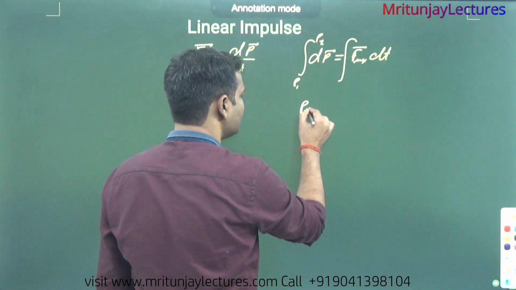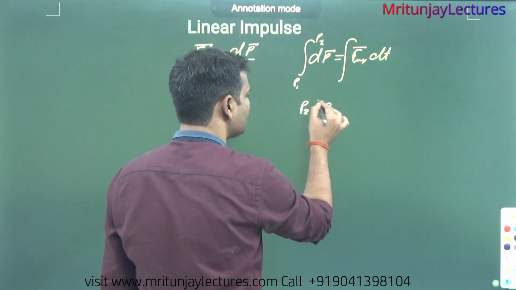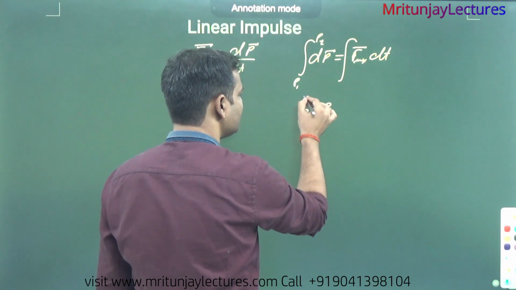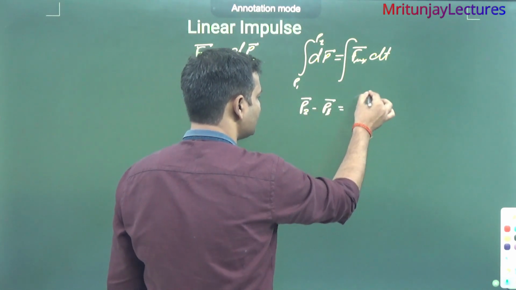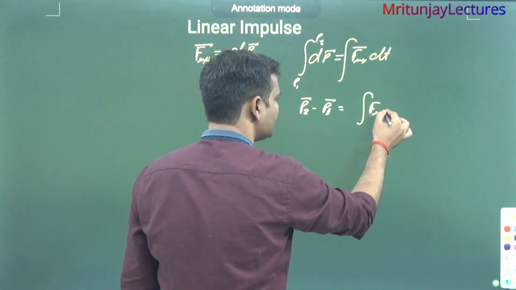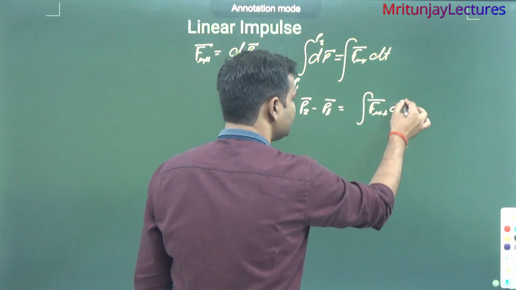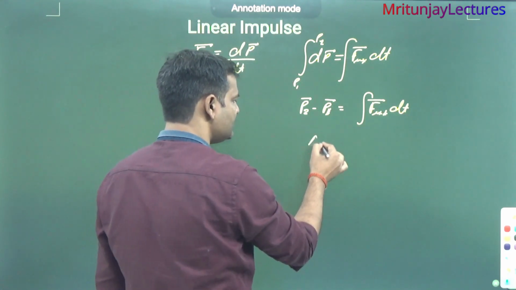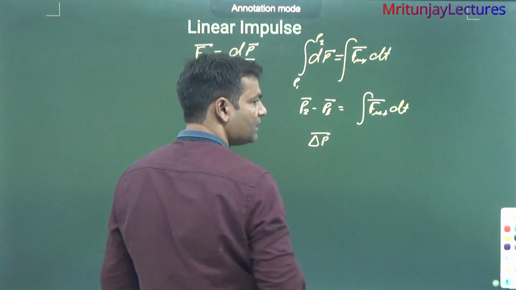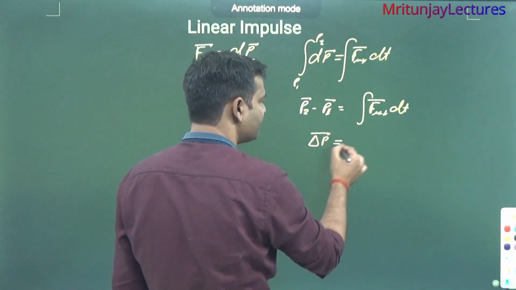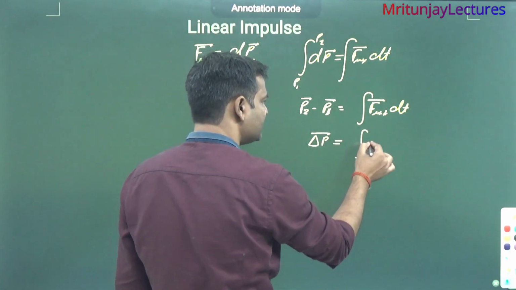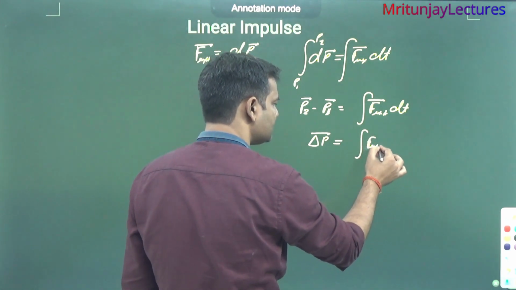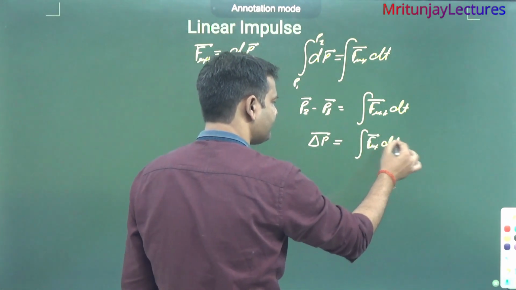Now this corresponds to P1 to P2. So P2 minus P1 is equal to F external into dt. That is the change in linear momentum, written as F external into dt.